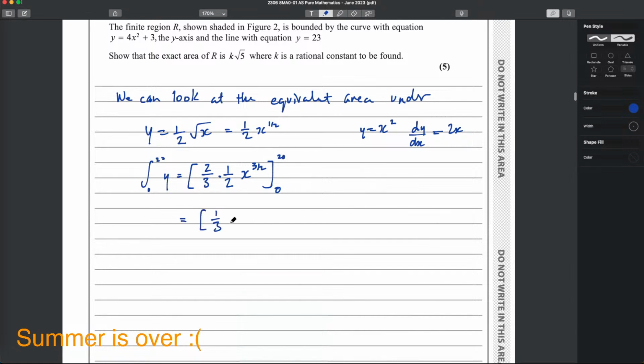So we get the following. And now, if we substitute 0 in, that would just be 0. So all we have to do to find this area now is to plug in 20. So this is going to equal a third multiplied by 20 to the power of 3 on 2.